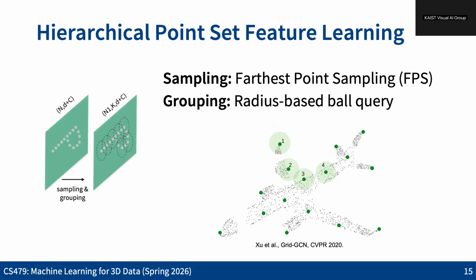Make sense? So let's say this is the first key point. Then what would be the potential next key point? You see something? This, yeah, or probably this one, right? So given this key point, we compute the distance from all the points to this single key point and choose the one that becomes the farthest, probably like this one.